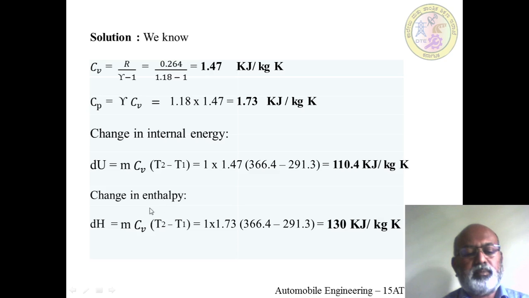Change in enthalpy. We know the formula dH is equal to M into Cv. Slightly, some mistake is there. It should be Cp. Cp times T2 minus T1.